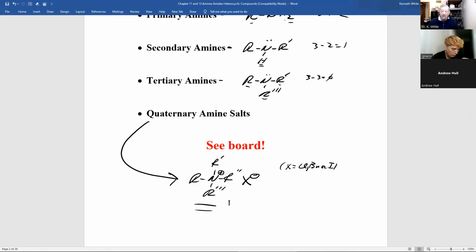And quaternary ammonium salts, and I'll talk about it either today or probably on Monday, are also antimicrobial compounds, and they're used to kill microbes, like in the operating room. Now I'm out of my league because I'm a chemist, not a biologist, but various quaternary ammonium salts have antimicrobial properties. And we'll talk about that too.